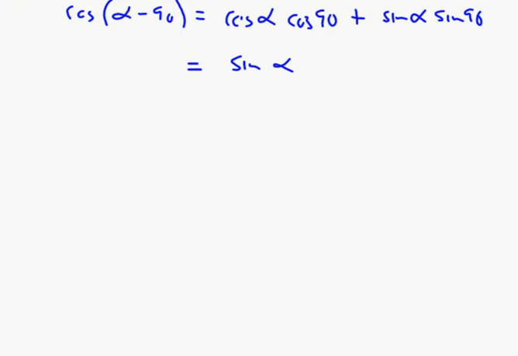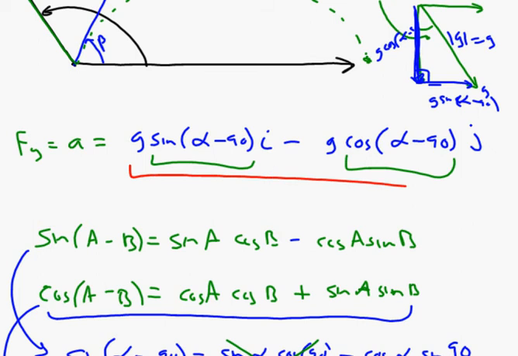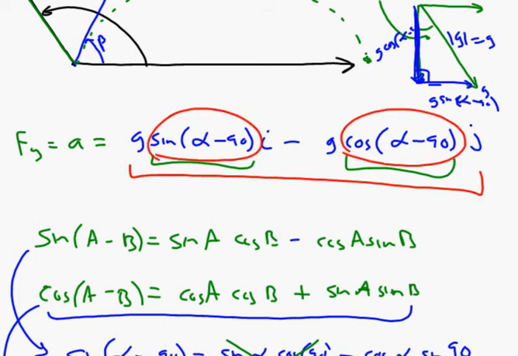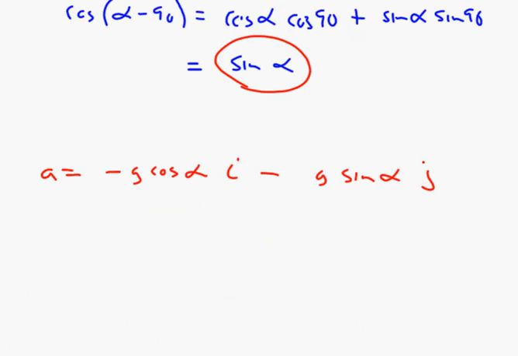It can look like this, a little more compact than before: negative G cosine alpha I minus G sine alpha J. What I've done is replace these two expressions with the things we found down here.